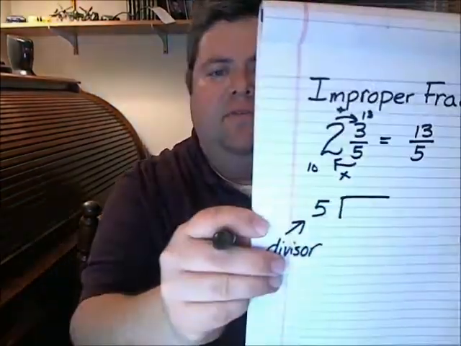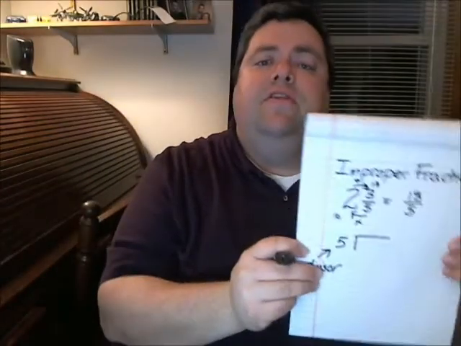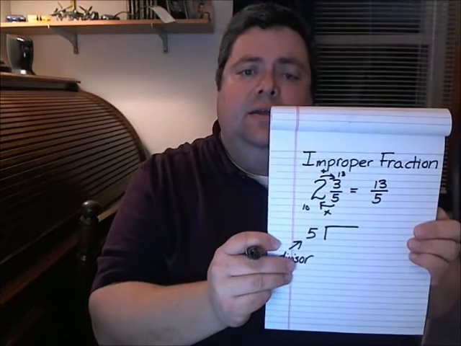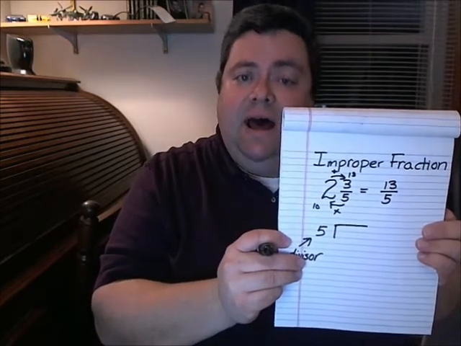And I'll show you in a second. It would put the 5 right there, the divisor. The 13 is actually the dividend in this case. It's the number I'm going to divide. So this is really 13 divided by 5.